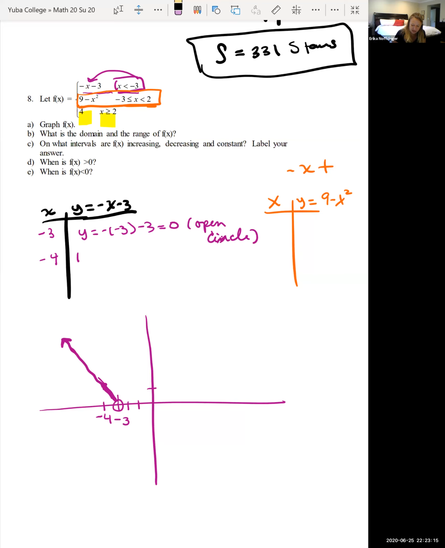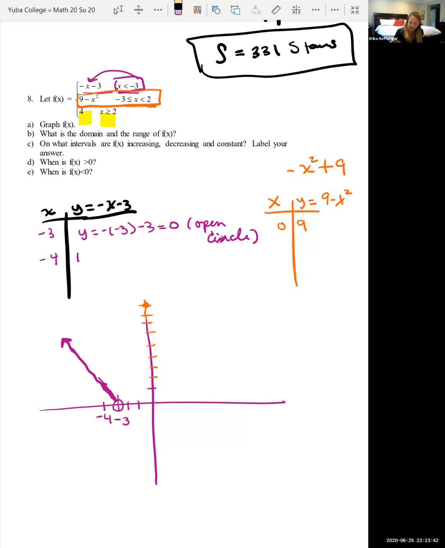This is actually in standard form, negative x squared plus 9. So if I use my reasoning there, I know I have a vertex at 0, 9. Or just plug in 0 for x, you get 9 back for y.